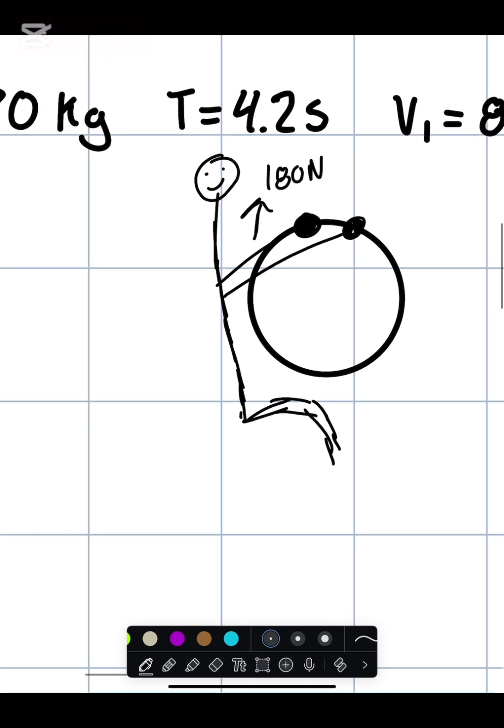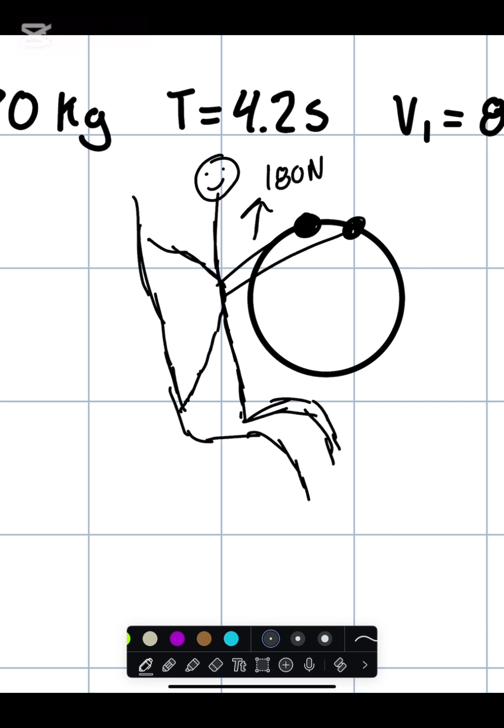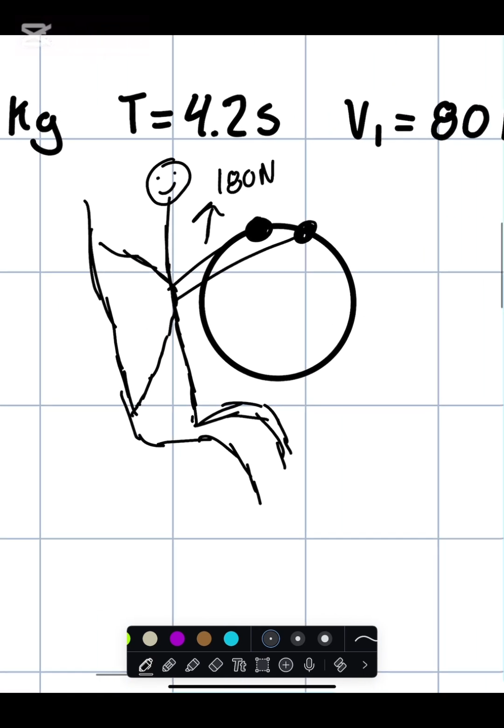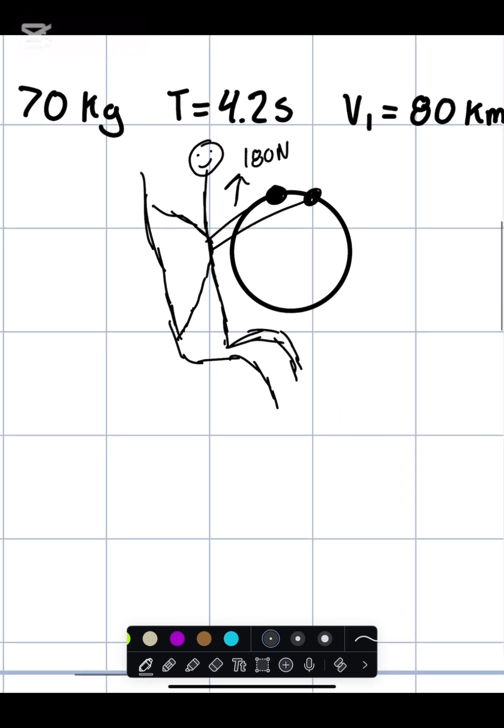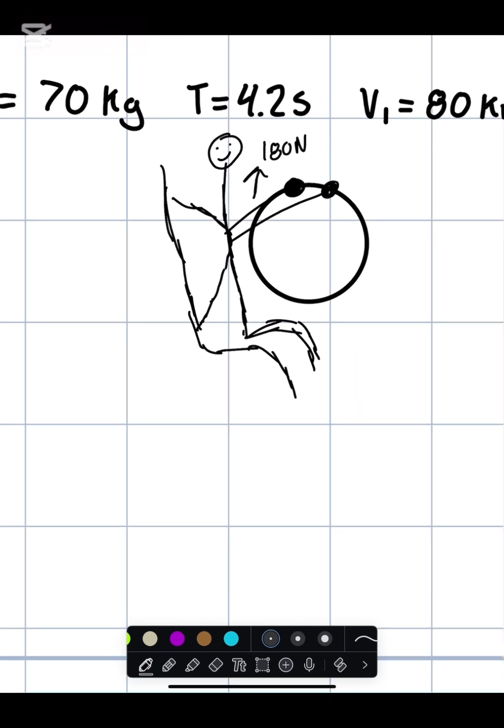With that, we also have a seat belt that's coming around him and strapping right into the chair. So that seat belt is the force that we need to find. We need to find the force that the seat belt is applying, which we can write as F of seat belt is equal to unknown.